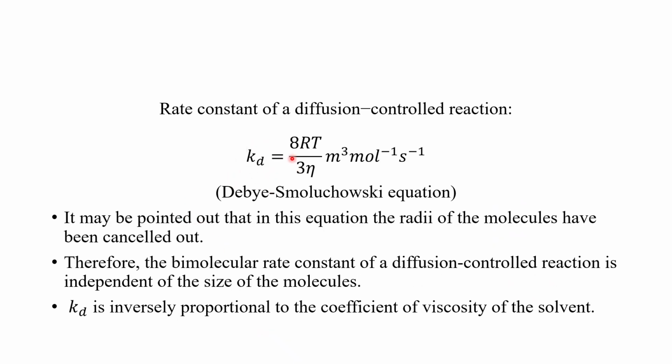Again, the rate constant for the diffusion control equations depends on the temperature of the reaction and also the viscosity of the solvent. It may be pointed out that in these equations, the radius of the molecules has cancelled out, and the bimolecular rate constant for these diffusion control reactions is independent of the size of the reactant molecules, while the rate constant is inversely proportional to the viscosity of the solvent.